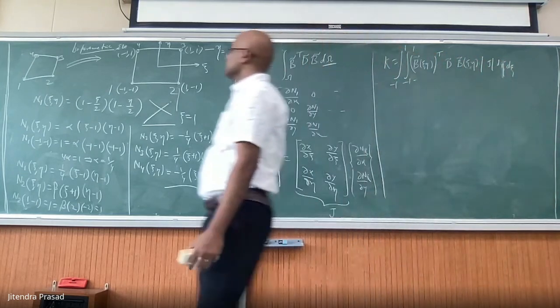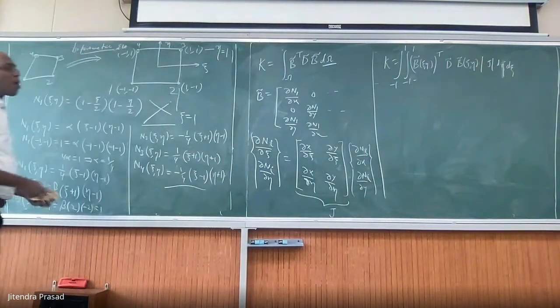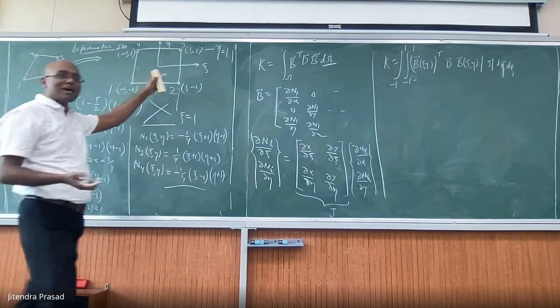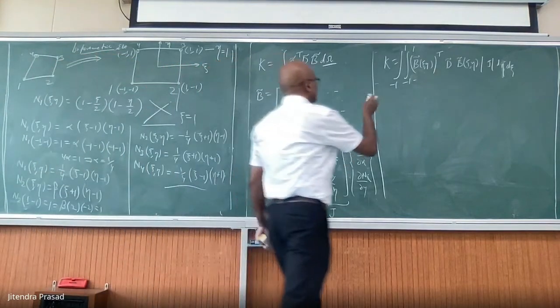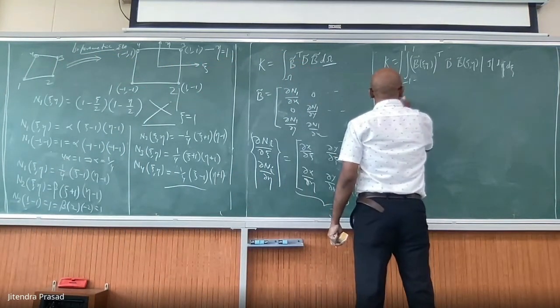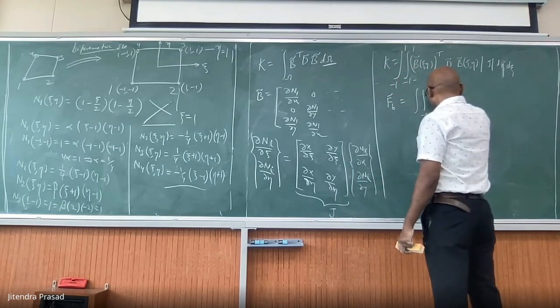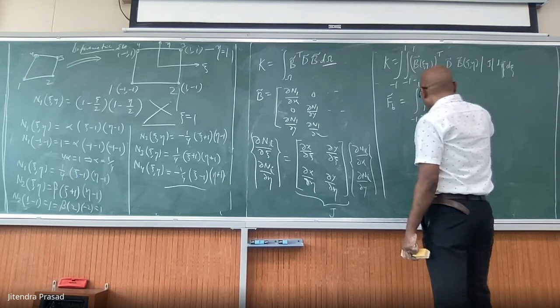Yeah, let's do it that way. And the others can also be done automatically. For the body force vector also you can write the same way: the integral from minus 1 to 1, minus 1 to 1.